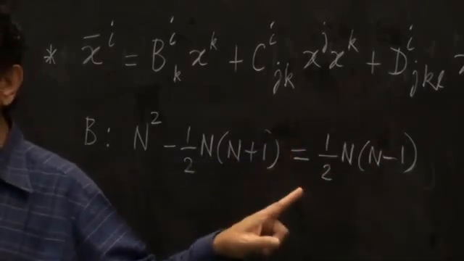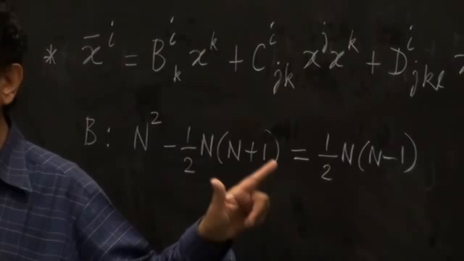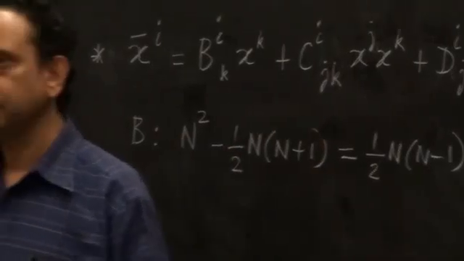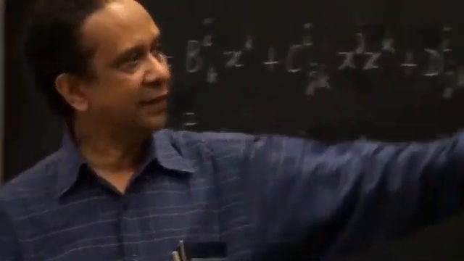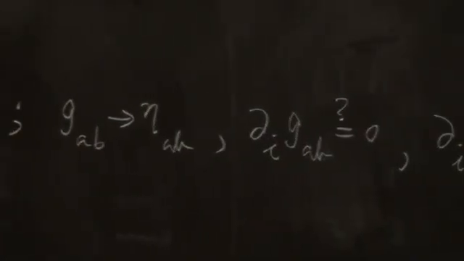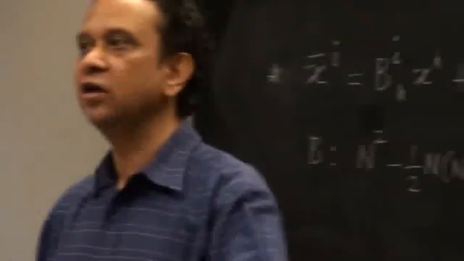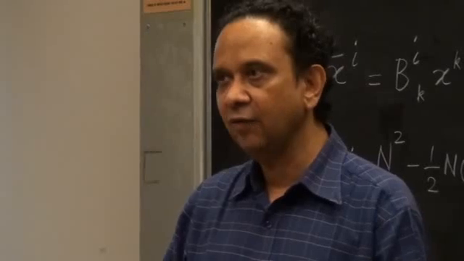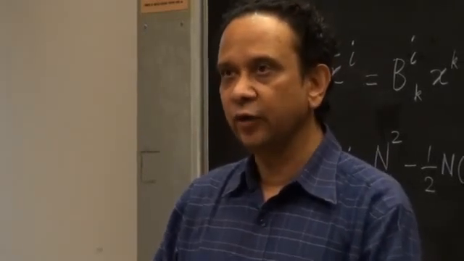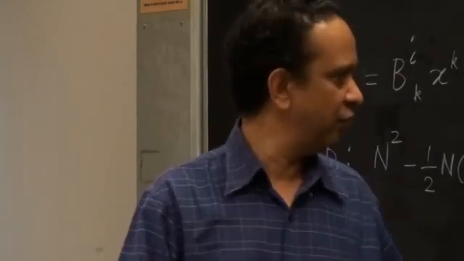Okay? And this much extra has an extremely simple physical meaning. The point is that once you have done this, you have made the metric at that point to be eta_AB. But we know that a metric which is eta_AB is invariant under Lorentz transformations. So in n dimensions, I can have Lorentz transformations which are rotations in different planes, and you can choose them in n into n minus 1 over 2 ways.